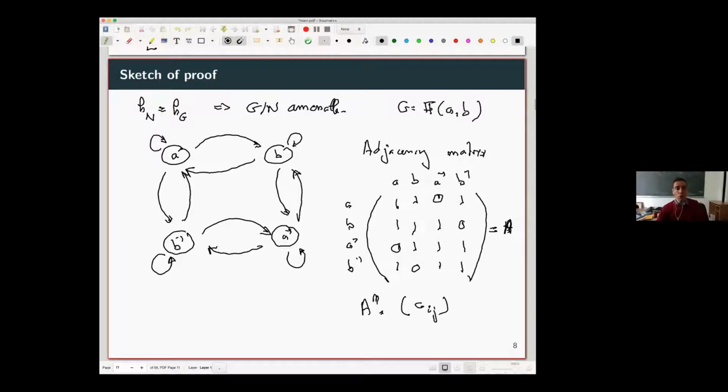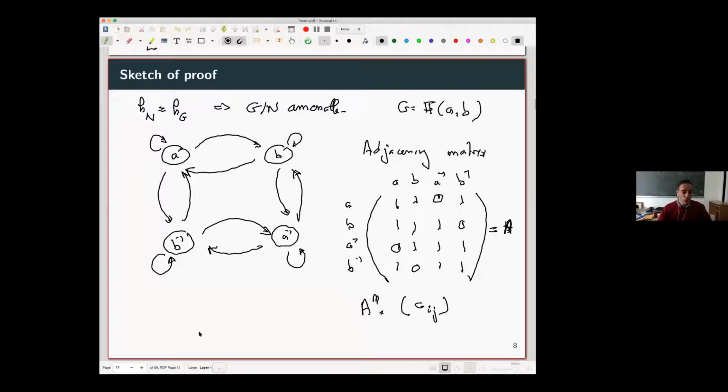So if you want to compute how many reduced words of length n you have, you compute the nth power, and the asymptotic behavior of the coefficients will give you that number.